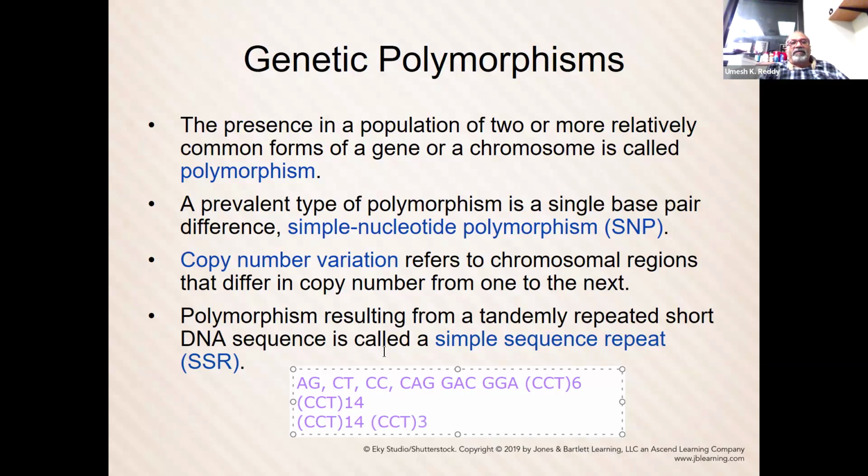If I have CCT 14 on one chromosome and CCT 3 on the other, what does it mean? That my dad had 14, or my mom had 14, or my dad had 3, or my mom had 3. One allele came from dad, one allele came from mom.